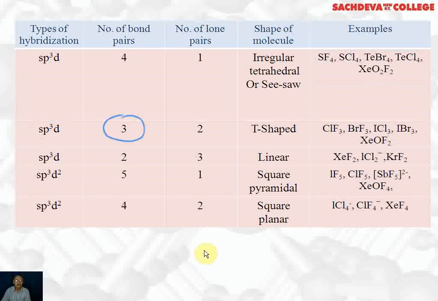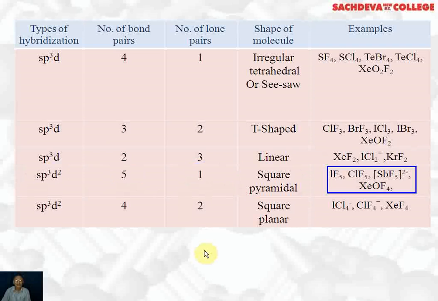Sp3d with 3 bond pairs, 2 lone pairs, shape is T-shaped molecule. Examples are ClF3, BrF3, ICl3, IBr3, XeOF2. Sp3d hybridization with 2 bonded pairs and 3 lone pairs is linear. Examples are XeF2, ICl2 minus, KrF2. Sp3d2 with 5 bonded pairs and 1 lone pair, shape is square pyramidal.